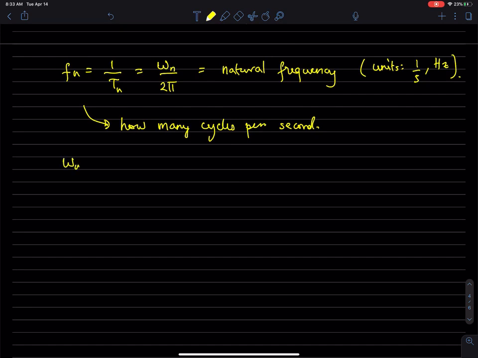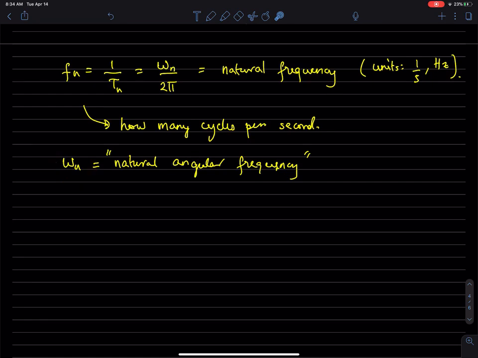Okay, so omega n is the natural angular frequency. In the context of an exam, when we say natural frequency, just assume that it's Fn, unless we state otherwise. Sometimes we might say natural frequency omega n equals blah blah, in which case, of course, assume that it's omega n.